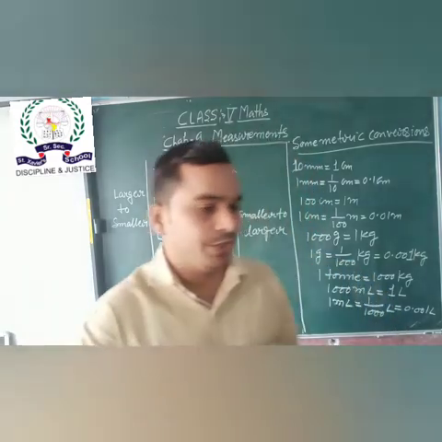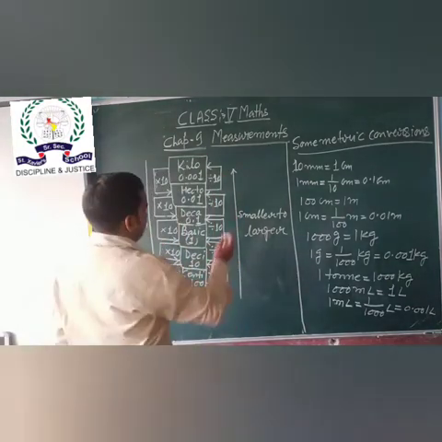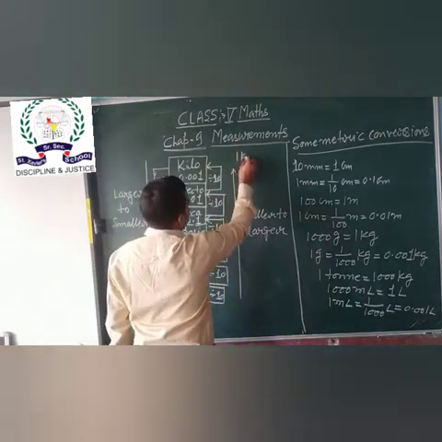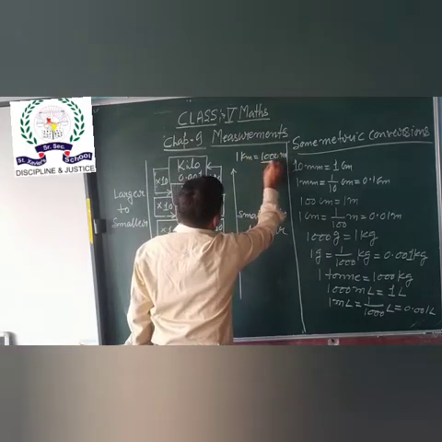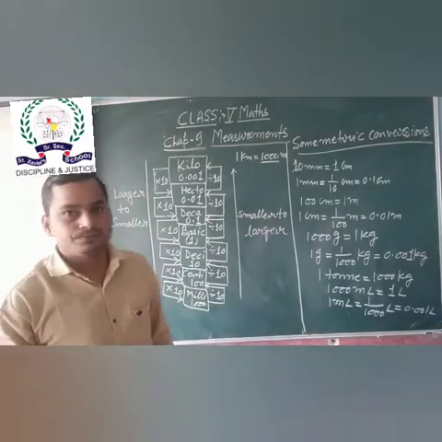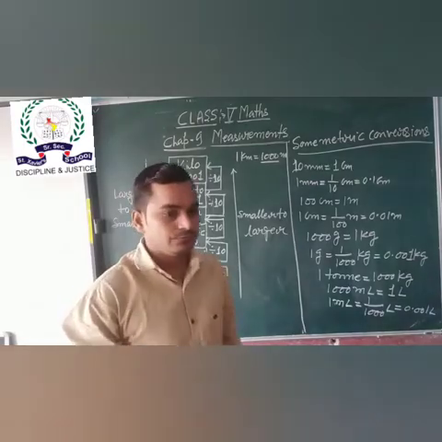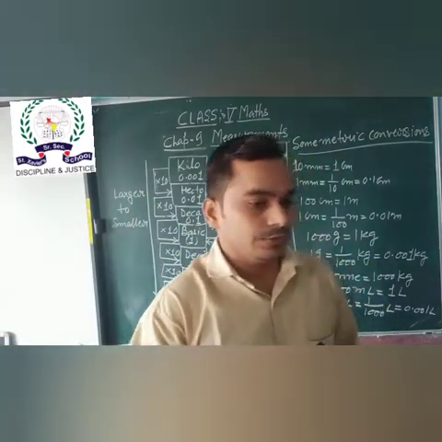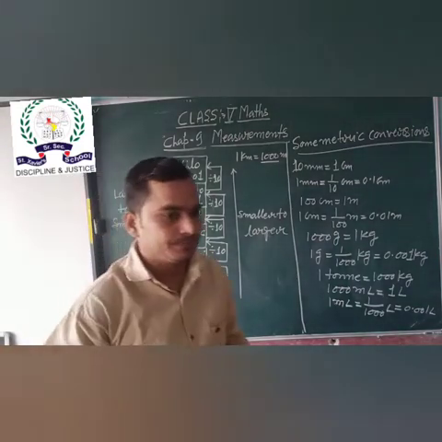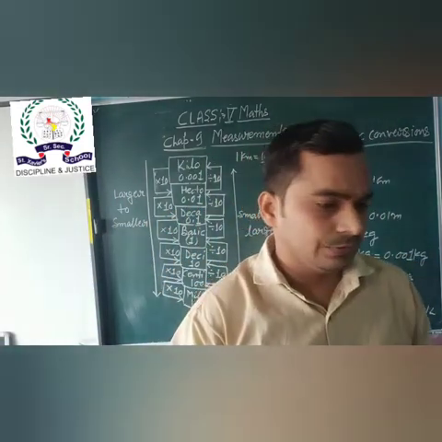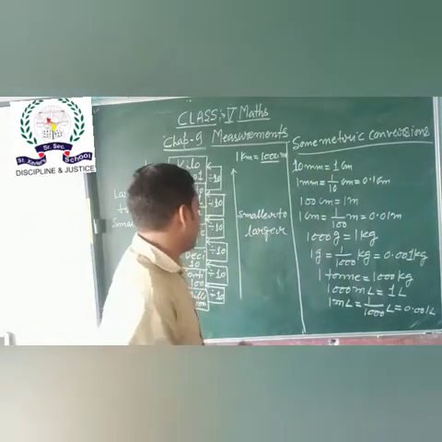First one is 1 kilometer equal, dash meter. We know that 1 kilometer equal 1000 meter. So we fill in the space 1000. 1 kilometer equal 1000 meter. 1 hectometer. 1 centimeter equal how many meters?